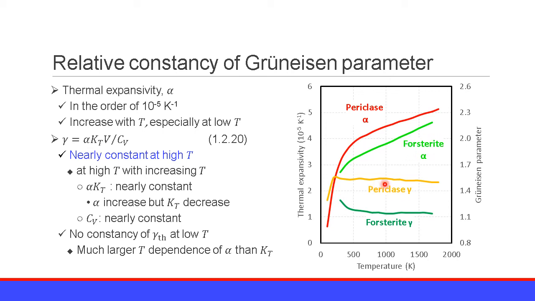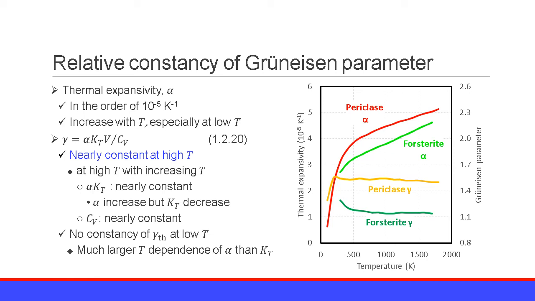The orange is the Grüneisen parameter of periclase, and blue-green is the Grüneisen parameter of forsterite. As you can see, the thermal expansivity increases with increasing temperature, especially at low pressure, but even at high temperatures, thermal expansivity increases with increasing temperature.